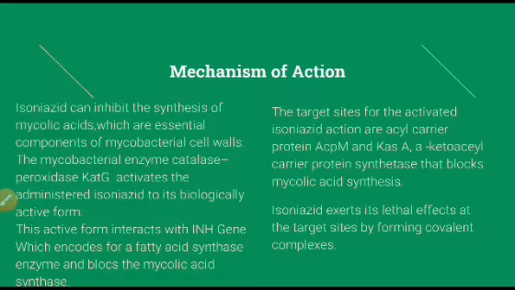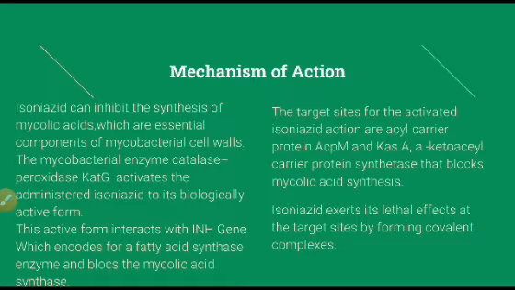On the INHA gene. What does that gene do? That gene encodes for a fatty acid synthase, which is involved in the biosynthesis of mycolic acid, and this mycolic acid is needed for bacterial cell wall synthesis. So I hope you understood.